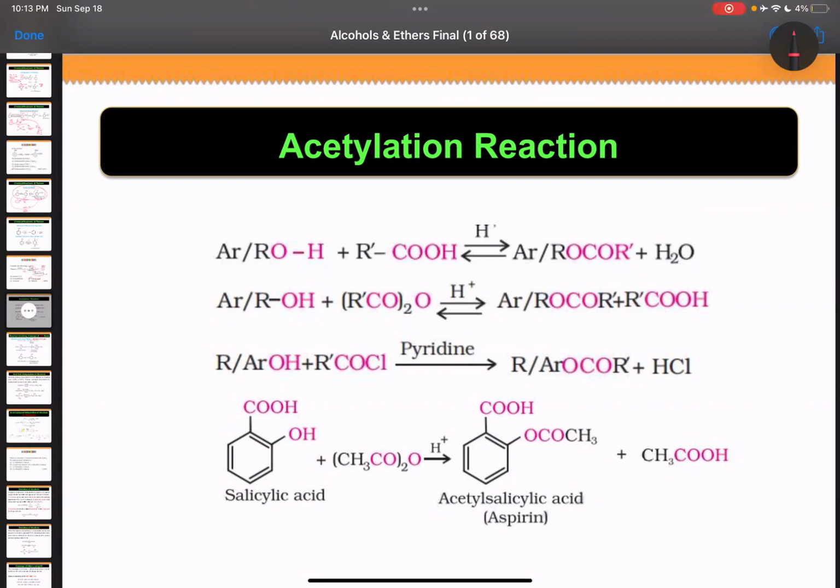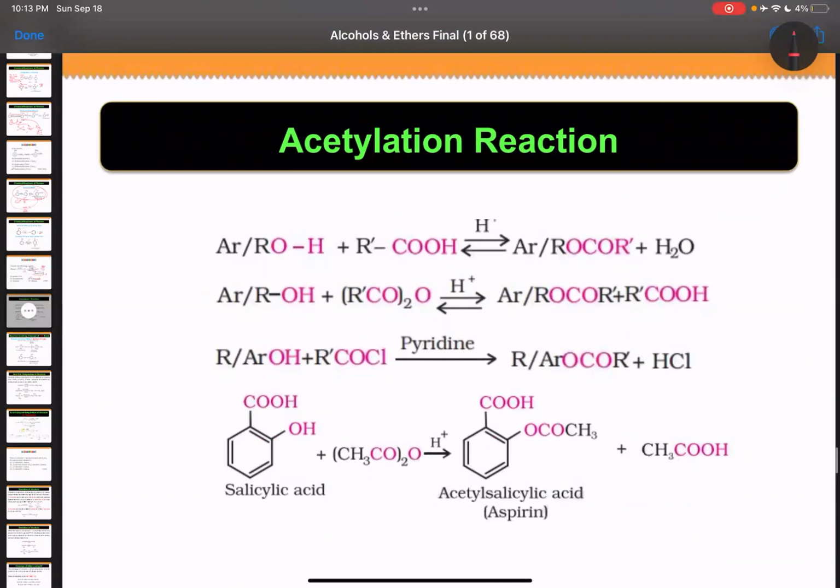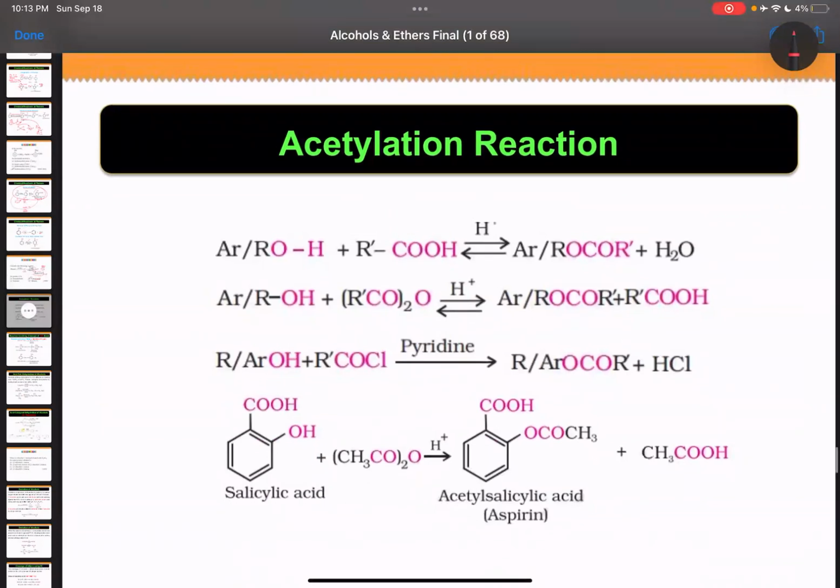The other reaction is acetylation. What do you understand by acetylation reaction? Just tell me quickly. Adding of an acetyl group. Yeah, adding of an acetyl group. And acetylation occurs on which two functional groups?